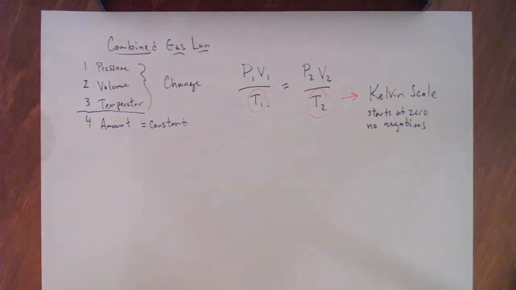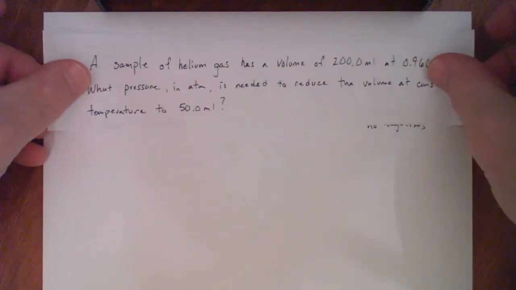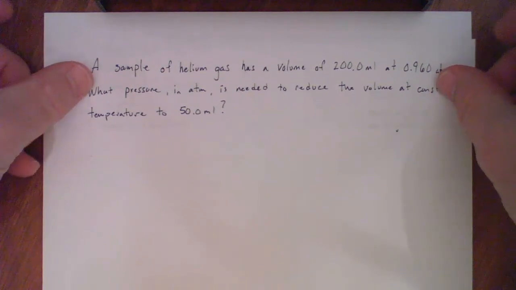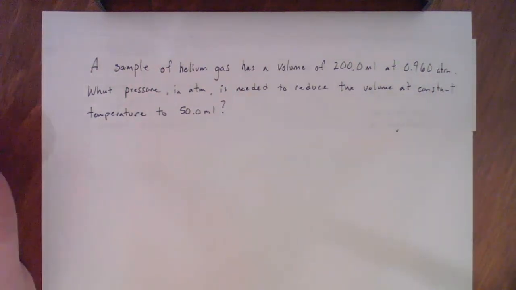Okay, and so I'm going to start with this as a sample problem. So I've got a sample of helium gas, has a volume of 200 milliliters at 0.960 atms, and we want to know what is the pressure if we're going to reduce the volume with having some constant temperature.